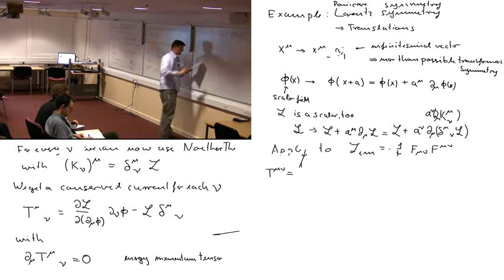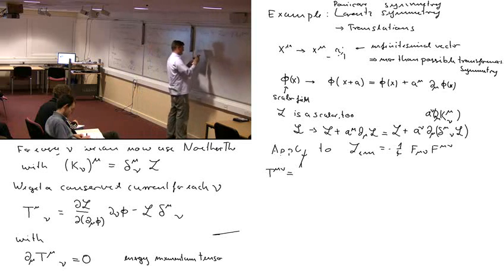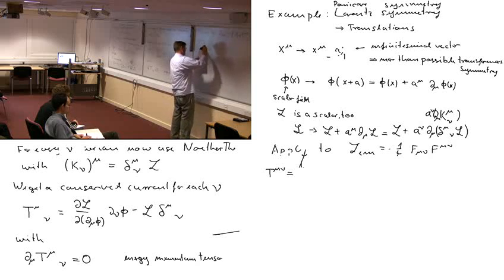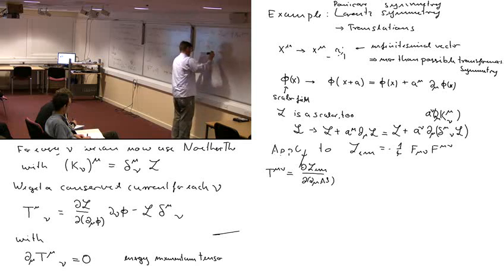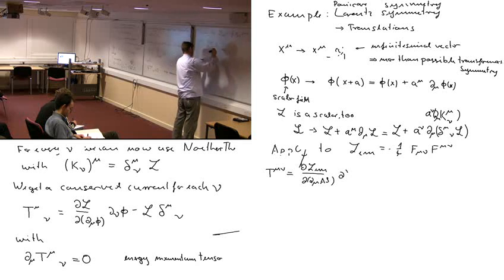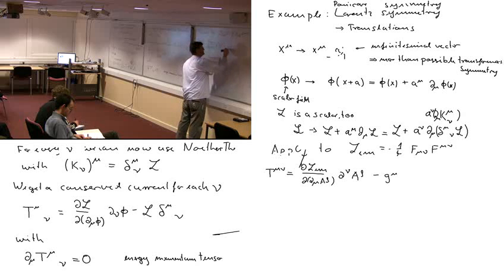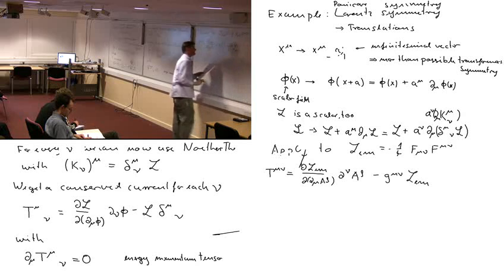And what you obtain, I'm just giving you the results, is T mu nu electromagnetic equals F mu rho times d nu A rho minus eta mu nu L electromagnetic.